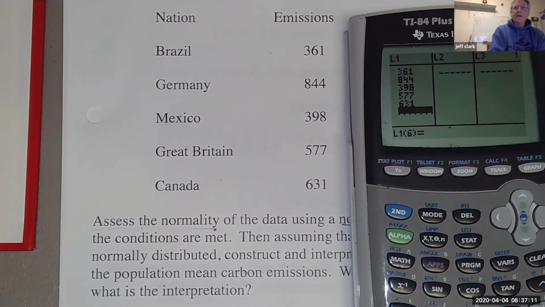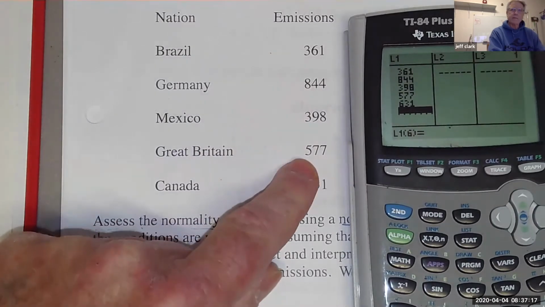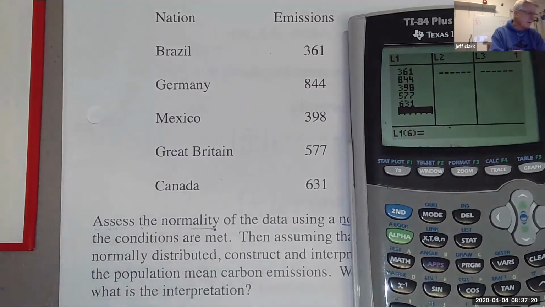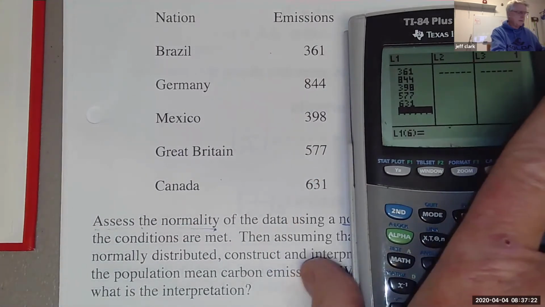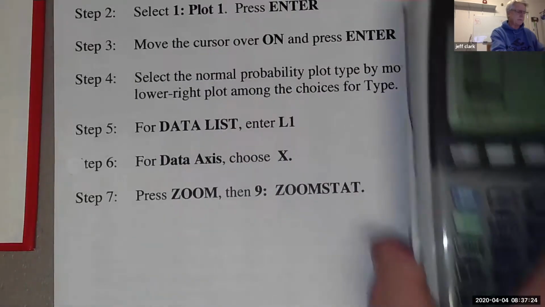Okay, I've got the 5 data values. They all look like what I've got down here, so I haven't made a mistake typing it in. So now I go back to my instructions.